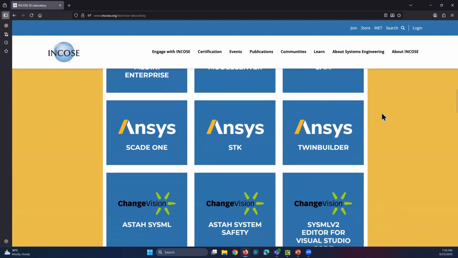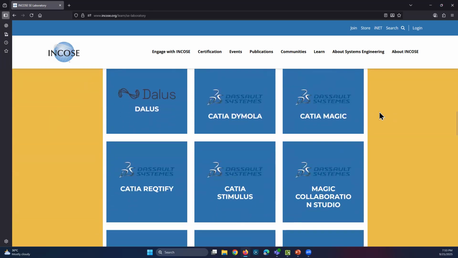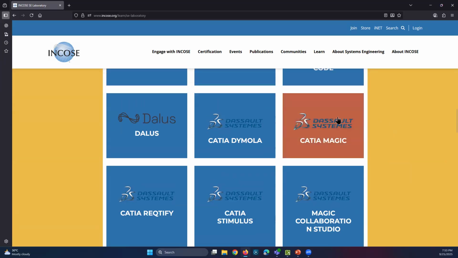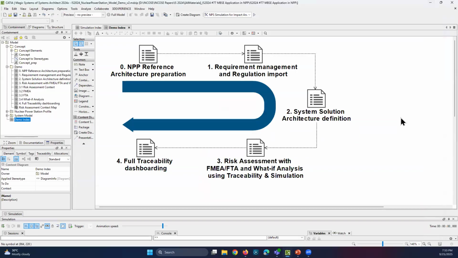And if you are participating in the working groups, some of you are also able to get a free license to work on technical products as well. And today, our sample is based on the model-based systems engineering SysML tool provided by Dassault Systèmes called Cameo Magic. So you're able to log in, download the tools, learn, and experiment with it as you wish. All right.